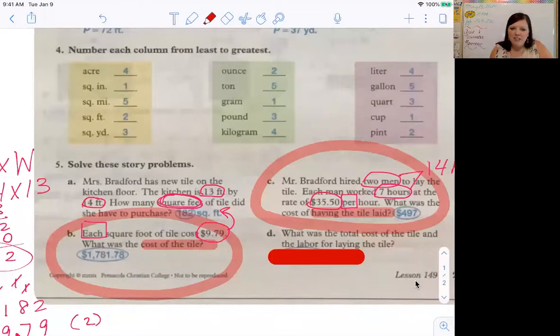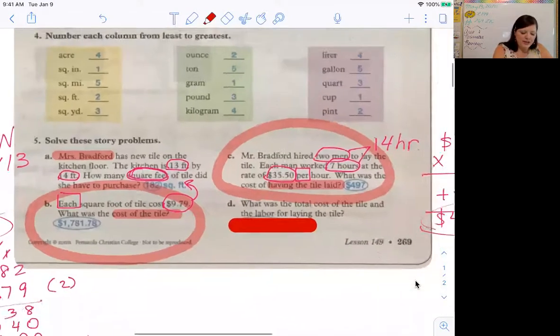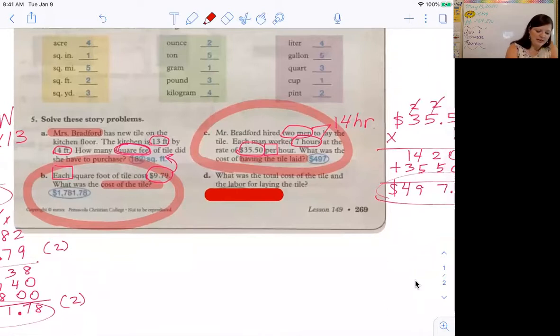We have to now take those 2 amounts and combine them together. And that is how much Mrs. Bradford is having to pay for that floor. If we're combining 2 totals together, what do we need to do? Yep, we need to add.